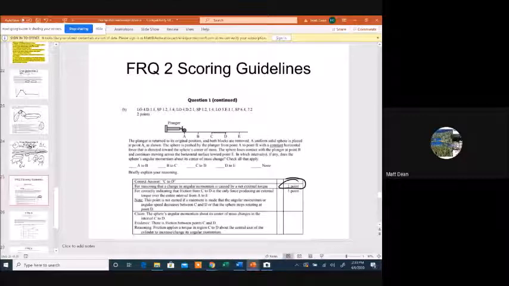And then 2, for realizing that the net external torque is friction. So 2 possible points. You could answer this whole question in 1-2 sentences tops.